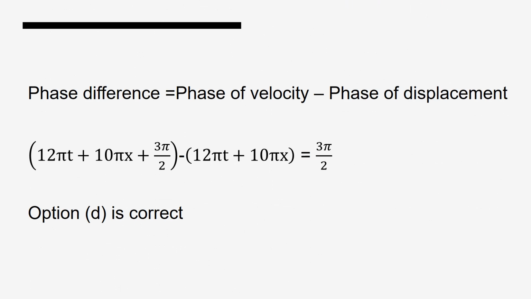Phase difference is equal to phase of velocity equation minus phase of displacement equation. Therefore, (12πt + 10πx + 3π/2) − (12πt + 10πx) equals 3π/2. So, phase difference is 3π/2. Option D is correct.